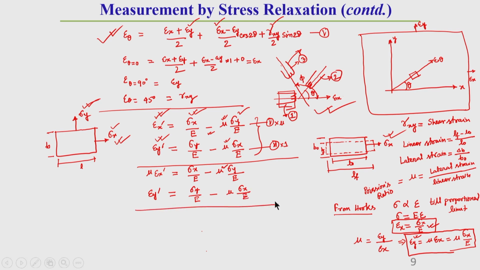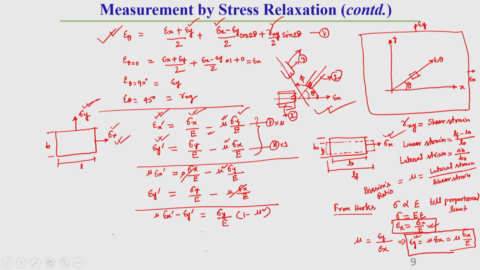Now, add these two equations, what do you get? You see this and this will cancel out, this and this will cancel out. So, here you will get mu into epsilon x dashed plus epsilon y dashed will be sigma y by E into 1 minus mu square, correct.